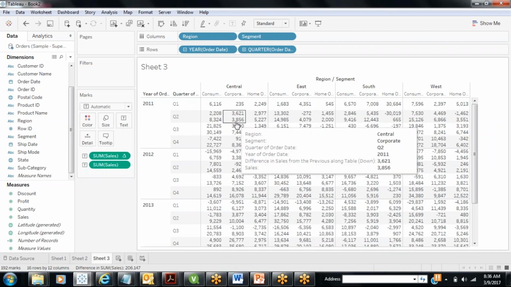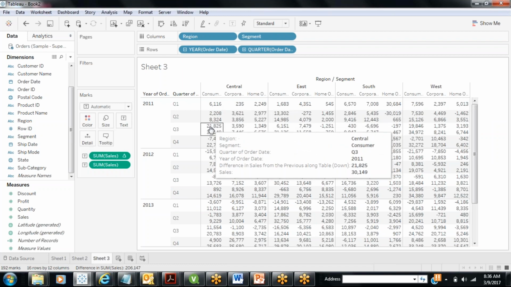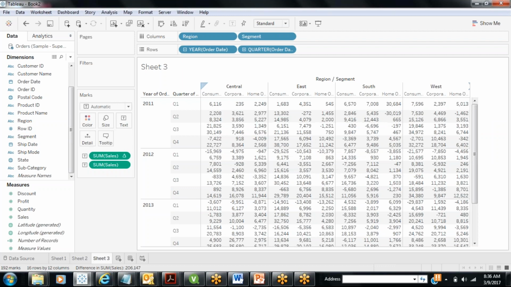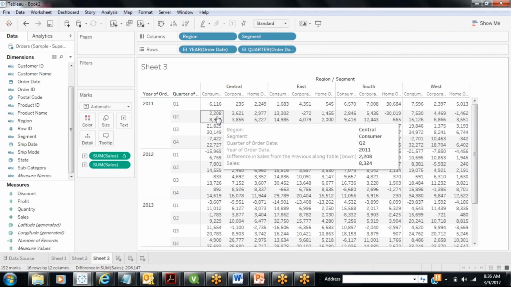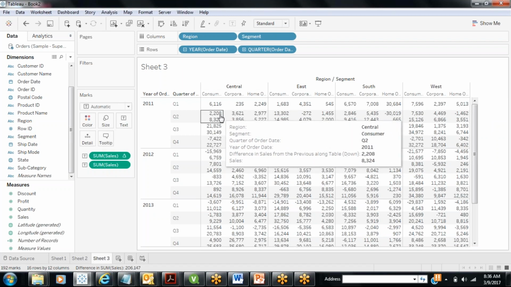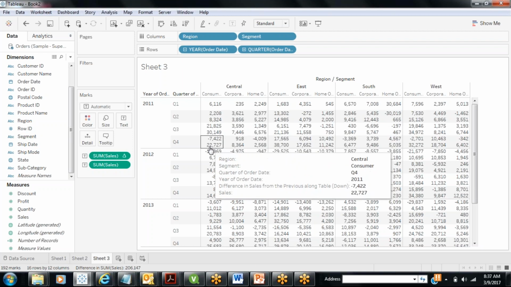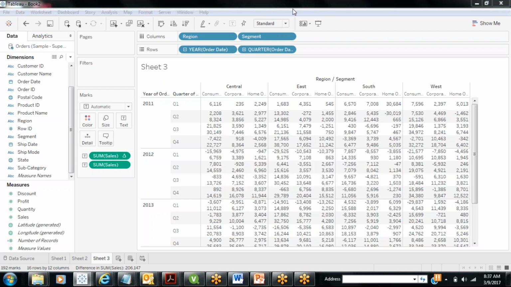So now what happens? You see in quarter 2, I performed well. For the consumer of central, I performed well in the second quarter compared to the first quarter, because it is plus. And again in the next quarter, I performed very well. It is 21,000, right?